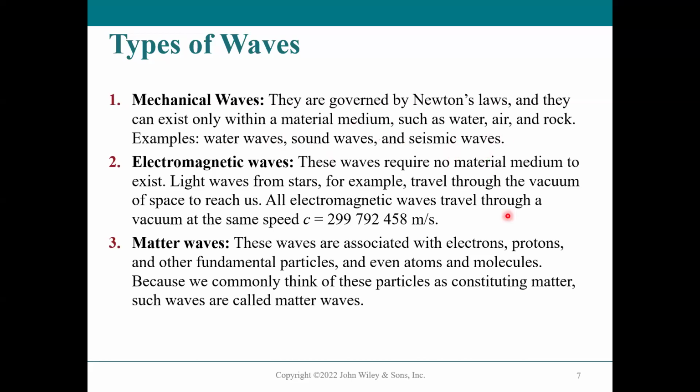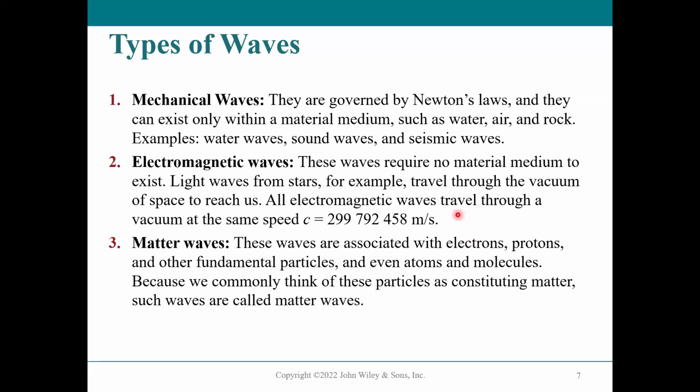And the second type of waves is electromagnetic waves. Electromagnetic waves require no material medium, like light. Light waves from stars, for example, travel through the vacuum of space. For example, from the sun to the earth, this is a type of electromagnetic wave. So this happens in the vacuum of space.